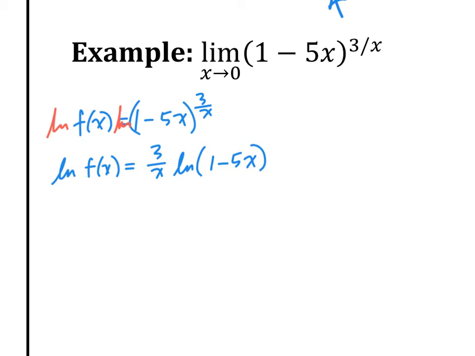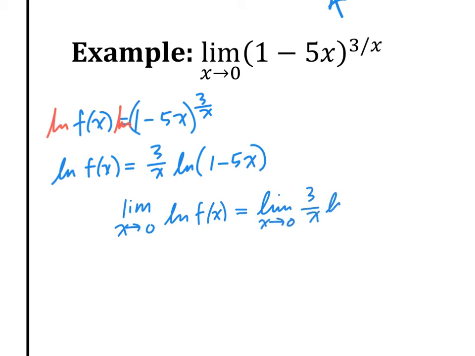Okay, so let's take a look at this now. Let's say we are trying to find the limit again. Limit as x goes to 0, now we're going to take the limit of both sides. So this is going to be limit of f of x equals limit as x goes to 0 of 3 over x natural log 1 minus 5x. I'm going to change that a little bit.